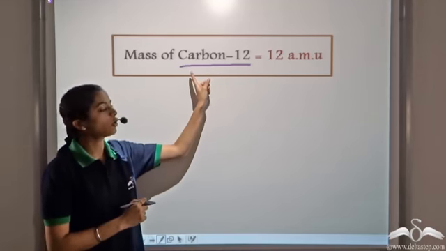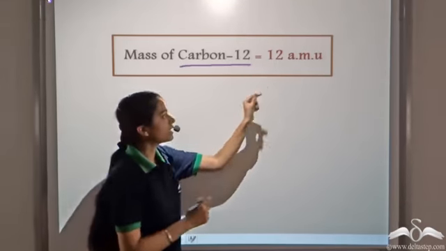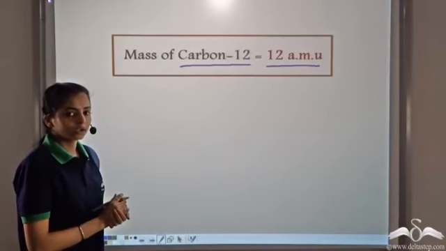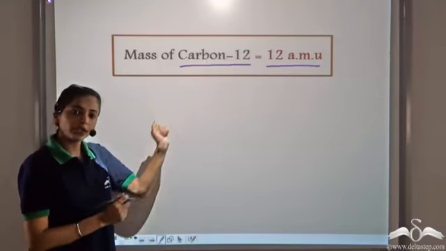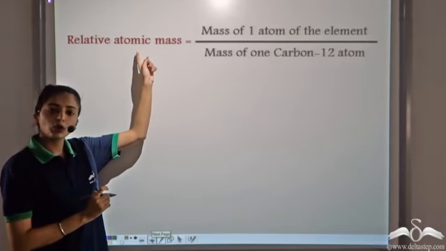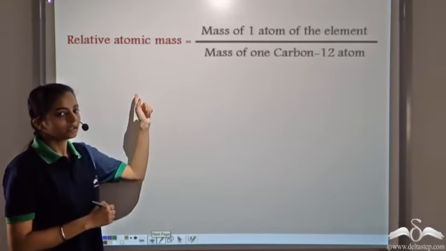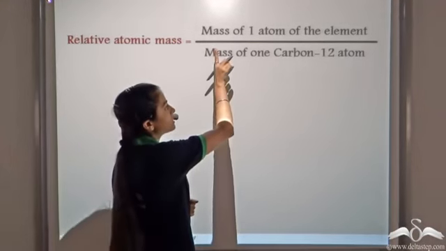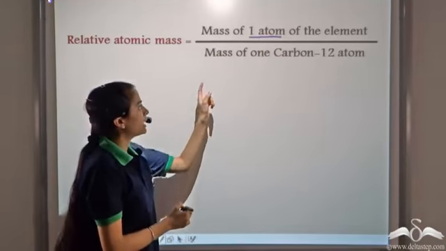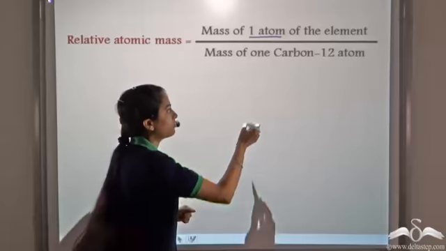And the mass of one carbon 12 atom is 12 atomic mass unit. So based on this, that is taking carbon 12 as the reference, the relative atomic mass of all the elements is calculated by taking the mass of one atom of the element and dividing it by the mass of one carbon 12 atom.